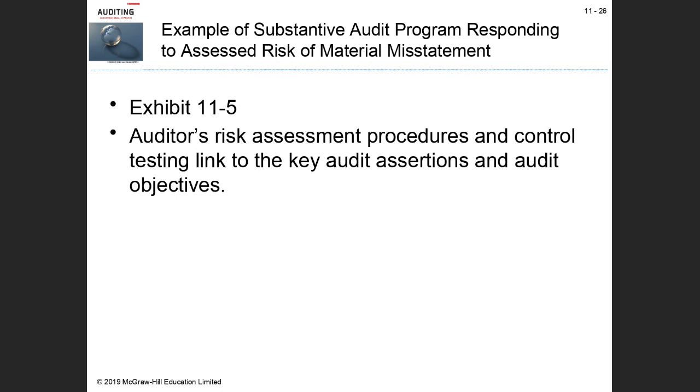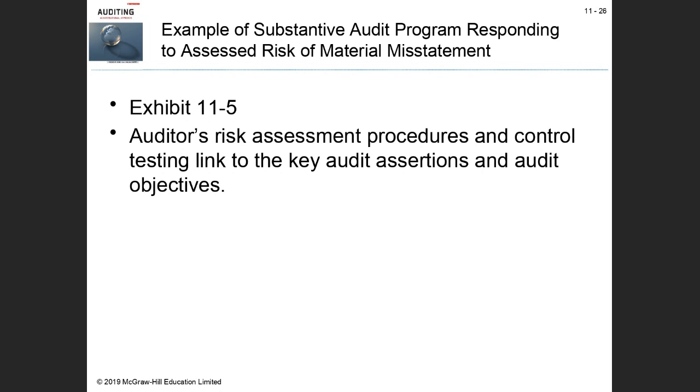So the link that they're talking about in the text is that page 465 is the internal control assessment, and then based on the assessment, they're going to do the procedures as noted on pages 466 and 467, okay?